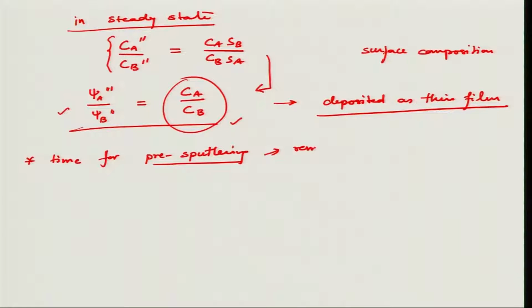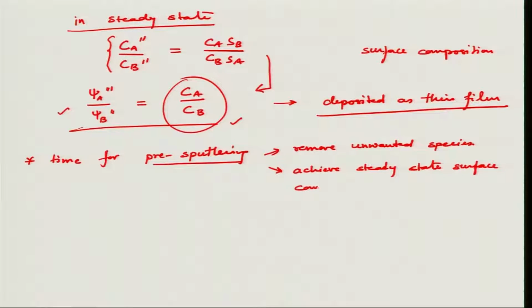So, remove unwanted species, and second, achieve steady state surface composition. It will take maybe a minute or 5 minutes of sputtering to reach this.